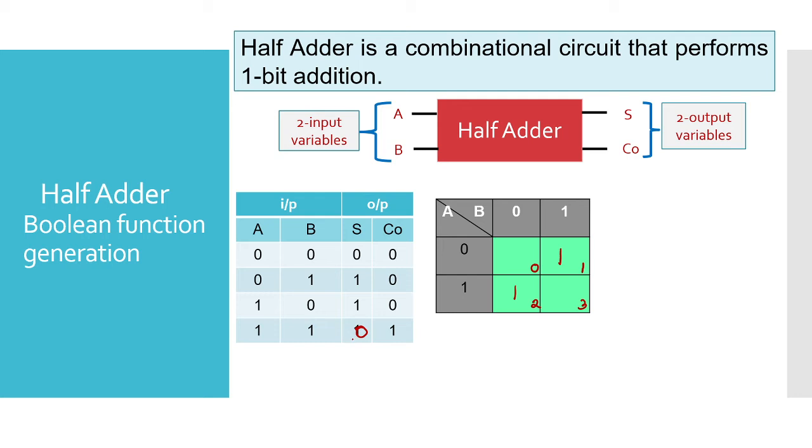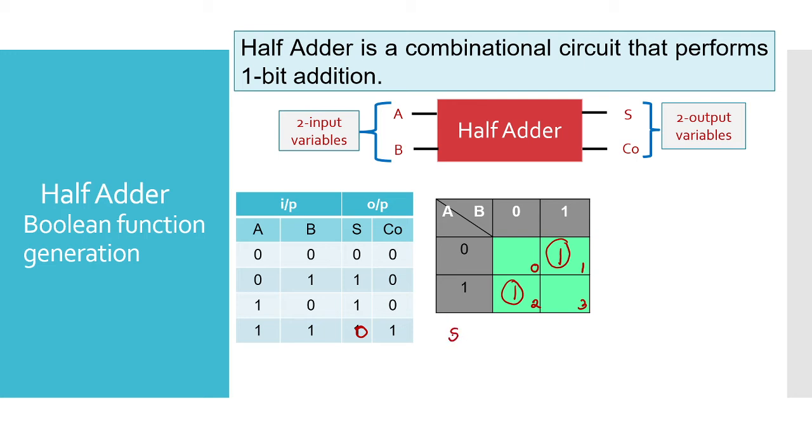Let's solve this K-map. In a K-map, once you map the ones, you will do the grouping, meaning you find out whether any pair or quad is forming. You see that no quad is forming, no pair is forming. That means you need to write the function for each 1 individually. So what will be the function? Let's see.